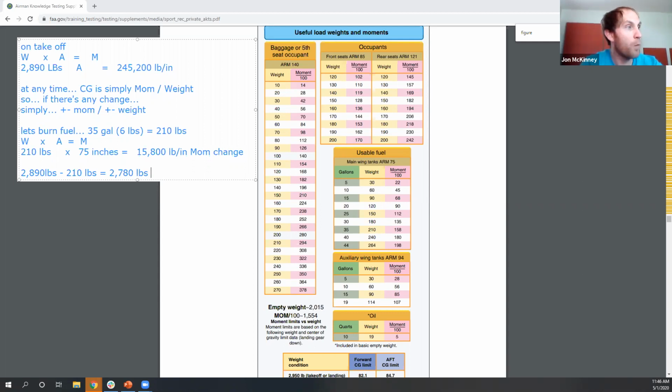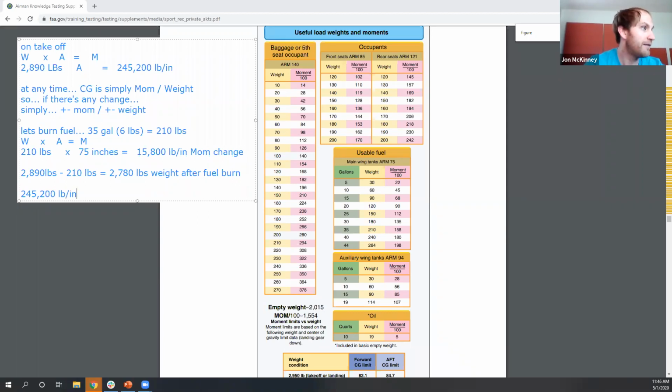Okay, so where am I at? This is now my weight after the fuel burn. Okay, well, my moment when I took off was 245,200 pound-inches. And throughout that fuel burn, I'm going to see a moment change of 15,800 pound-inches.